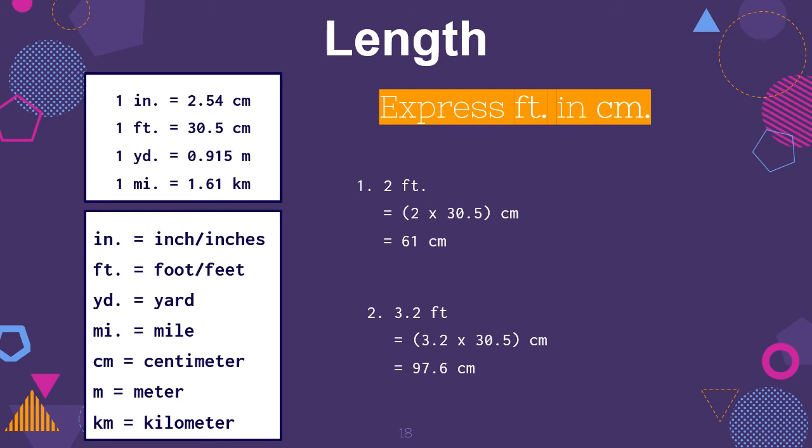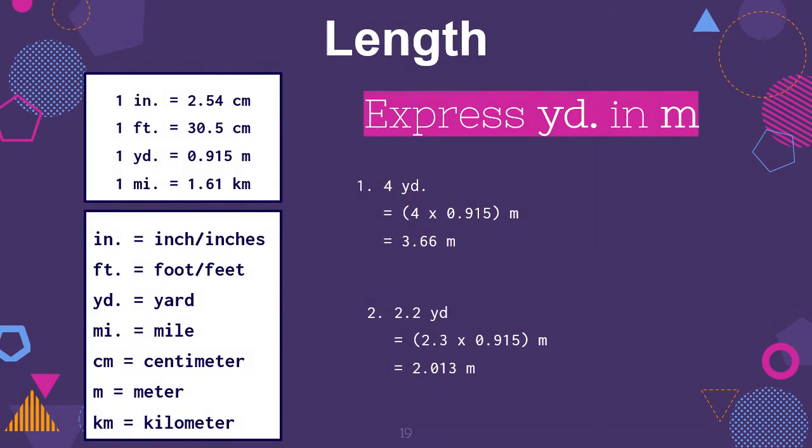Next, 3.2 feet multiplied by 30.5 centimeters is equal to 97.6 centimeters. Again, since 1 foot is equal to 30.5, we multiply by 30.5. So the answers are 61 centimeters and 97.6 centimeters.